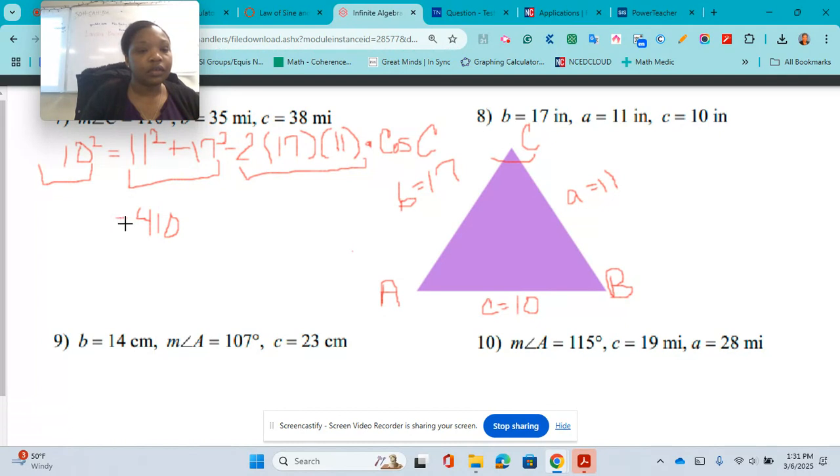And then the negative 2 times 17 times 11 would be negative 374. We still have to keep that cosine of C.